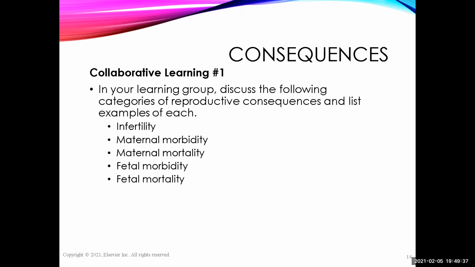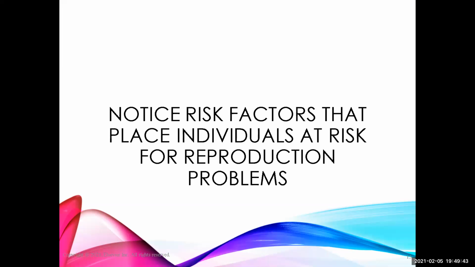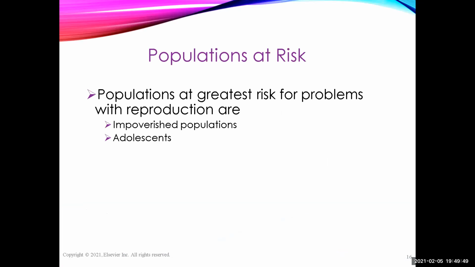I am not going to stop us for this because I'm afraid we're not going to have time. Okay, so we're going to move through this. So noticing risk factors that place individuals at risk for reproduction problems. This is the part you're going to utilize when we get into the case studies, okay?